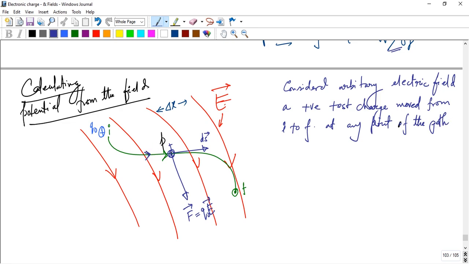The green color line represents the path the test charge takes moving from I to F.